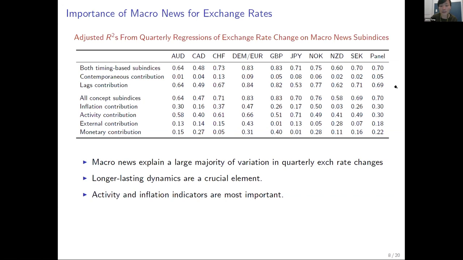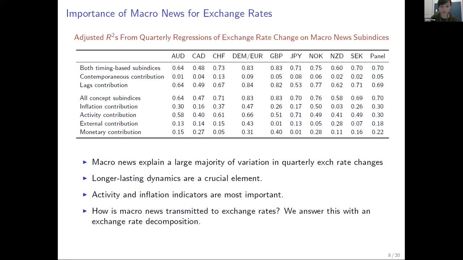When we break it down by types of macro news, we see that activity and inflation indicators are the most important, while the external contributions, like trade balance and current account balances, are less important, as well as the monetary contribution.